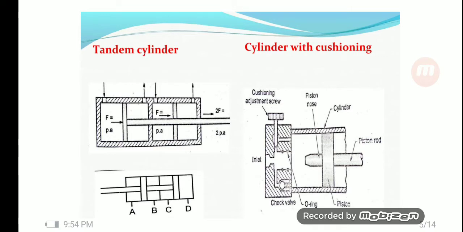The cushioning adjustment screw is used to avoid the striking of the piston rod with the head wall. Due to cushioning, the piston rod's speed is reduced when it comes back to its original position. In this, O-rings are used to reduce the speed of the piston rod.